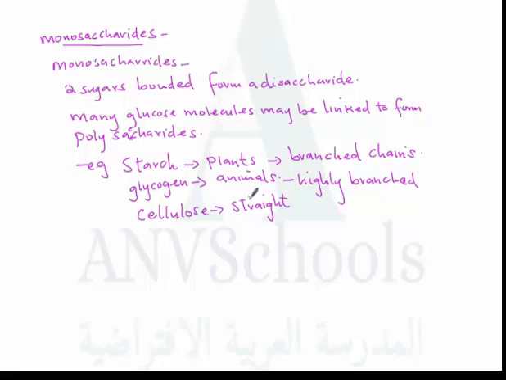These straight monomers are very important for this structure. So why is it important? Each straight, rigid structure makes the cellulose molecule a major building block in plant structures.